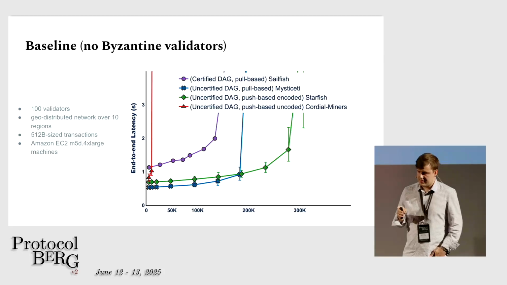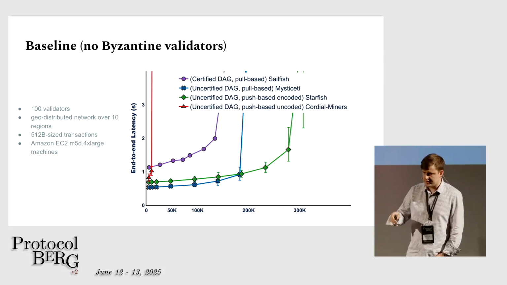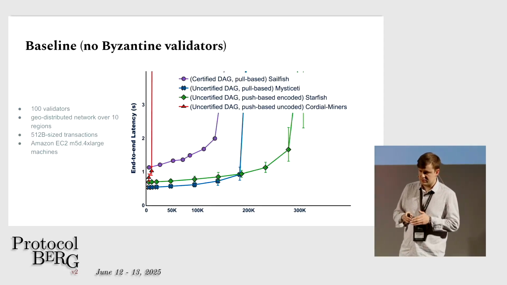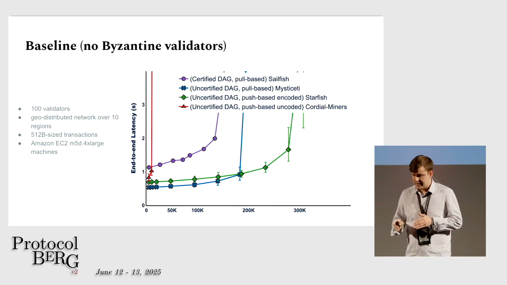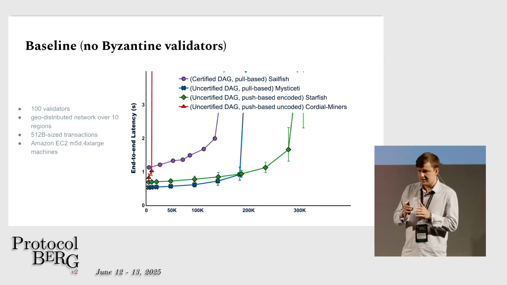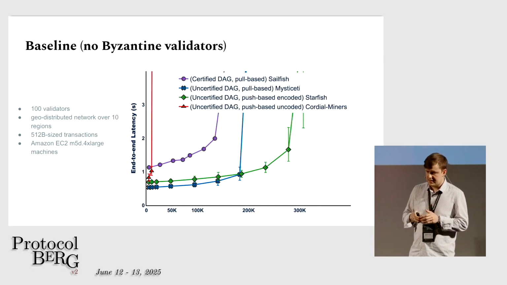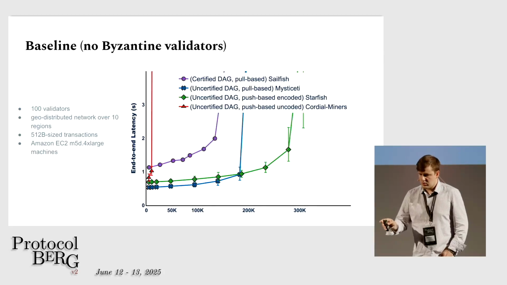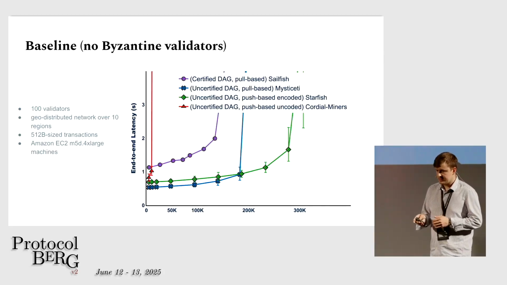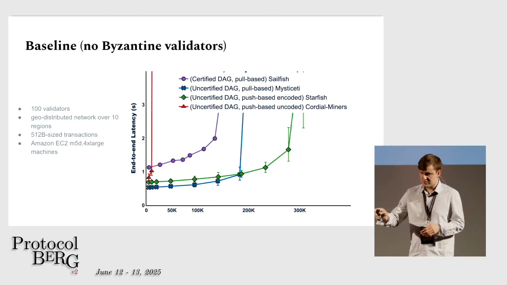If you look at the 2 other protocols, the green one is Starfish that I presented, and the blue one is Mysticeti, the best in class especially for low load, which uses a pull-based strategy. As I said, for Starfish we need so-called acknowledgement steps where the nodes say, okay, I have this data, and this is the reason why for low load we have better performance for Mysticeti. But interestingly enough, for large load we have better performance for Starfish.